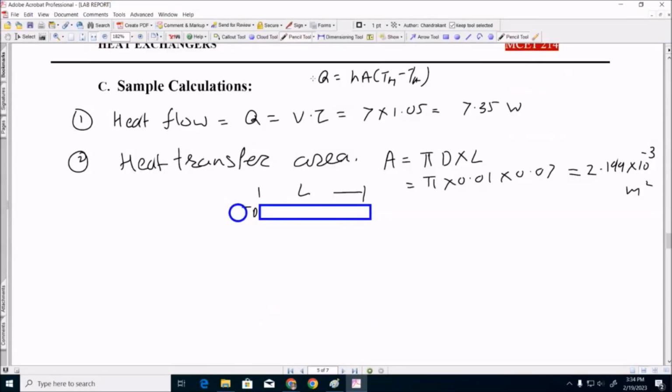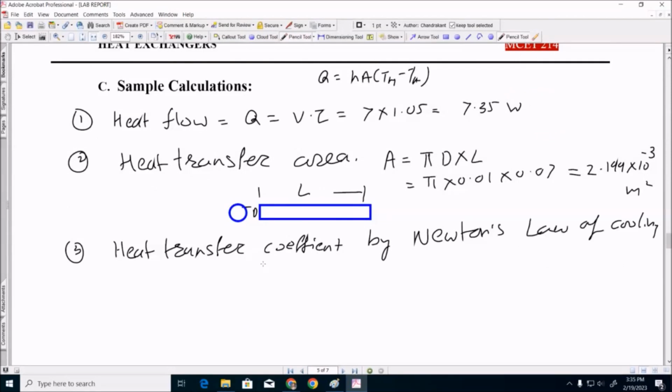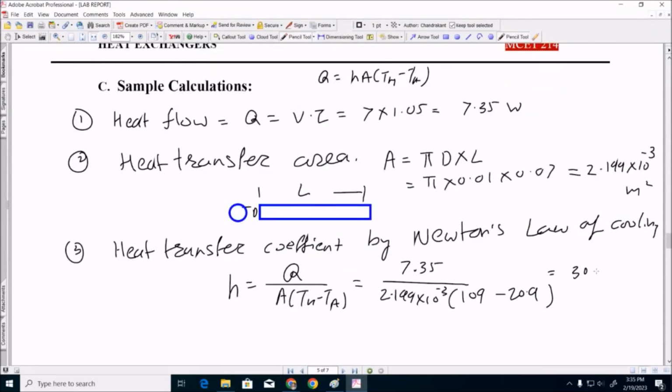Now I know Q, I know the temperatures, so I can find the heat transfer coefficient by Newton's law of cooling, written as h is equal to Q by A (TH minus TA). It comes to 0.919 watt per meter square degree centigrade. So this is by the experimental method.